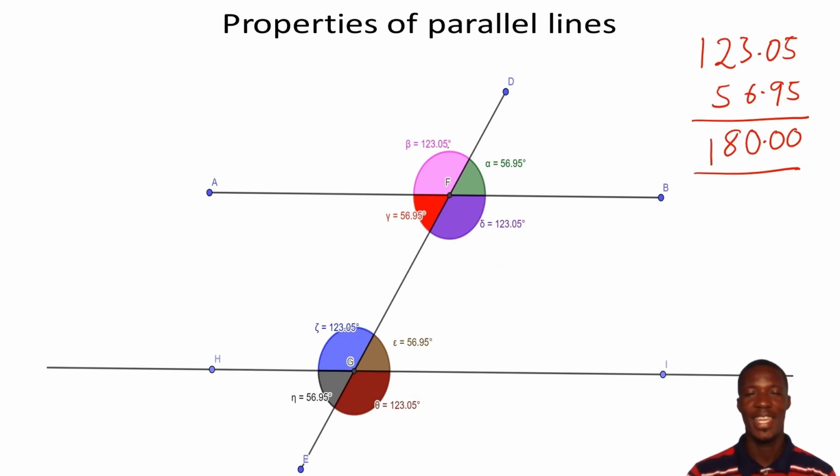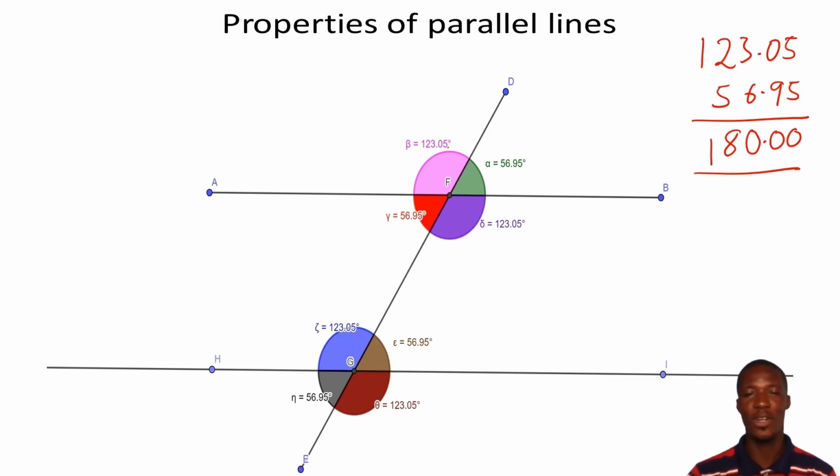Okay, now do we have another property that we know? I remember co-interior angles. So we have a parallel line here, a parallel line. These two lines are parallel, and then I remember we have a transversal line across them.